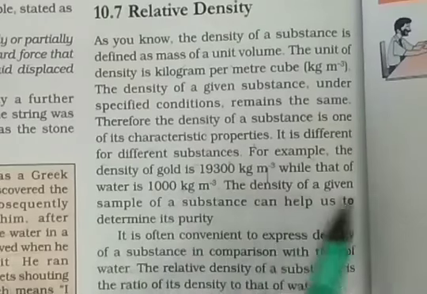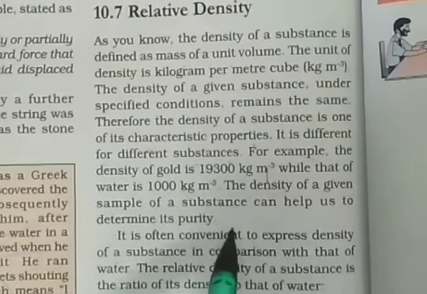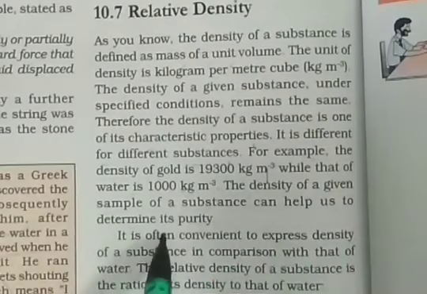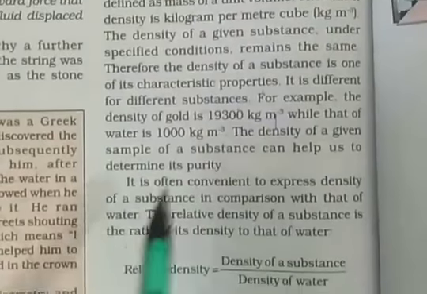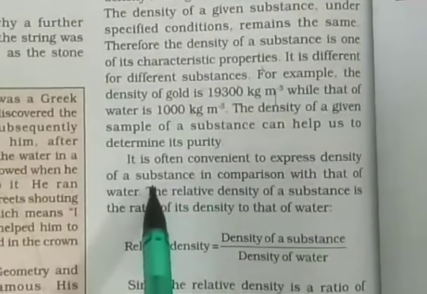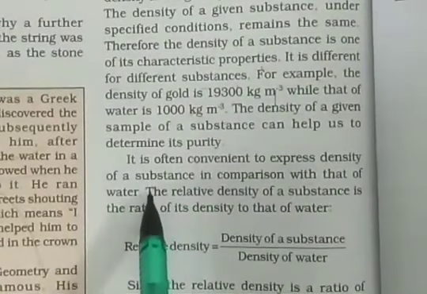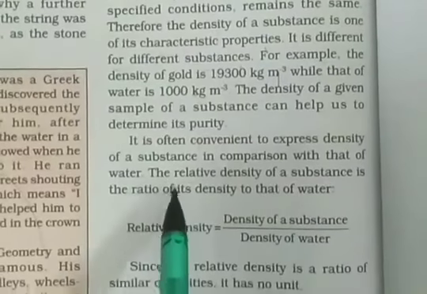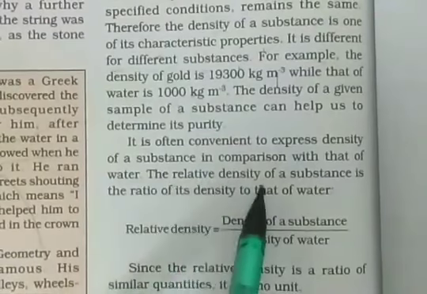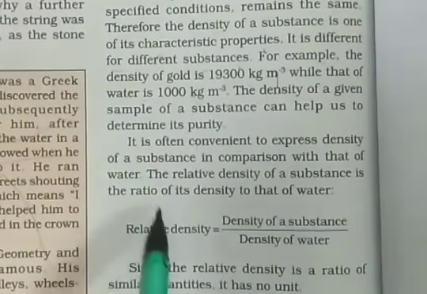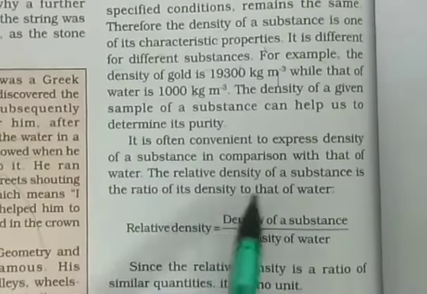The density of a given sample of a substance can help us to determine its purity. If it is impure or pure, we can check this by using lactometers. The relative density of a substance is the ratio of its density to that of water.